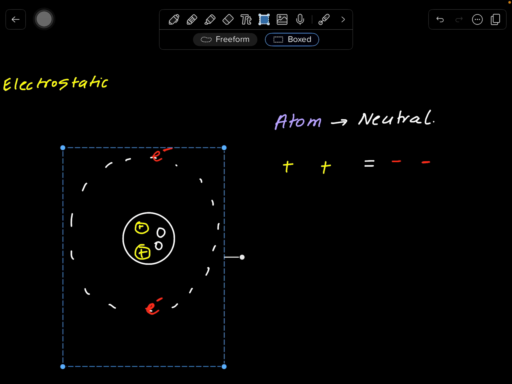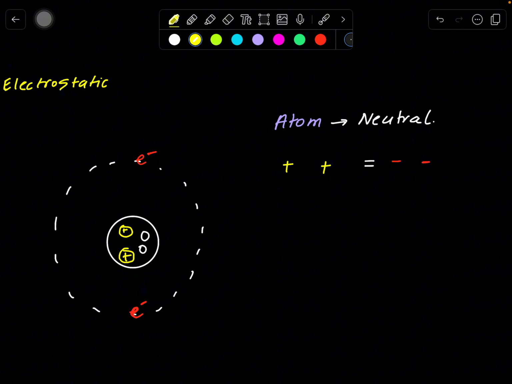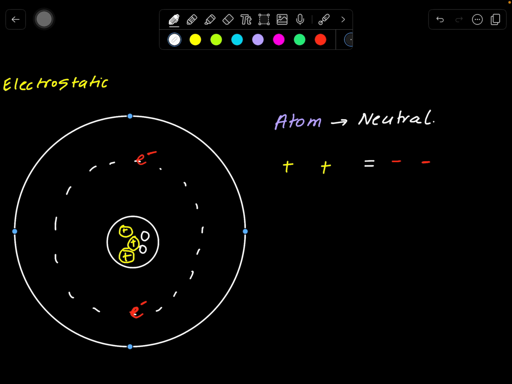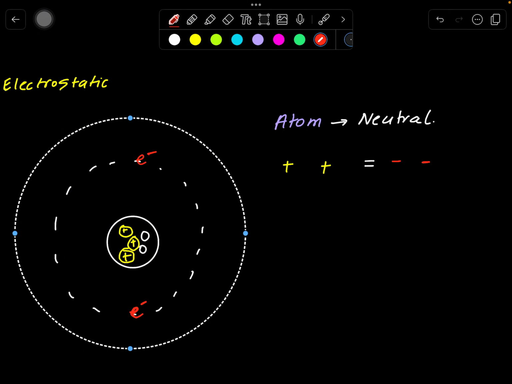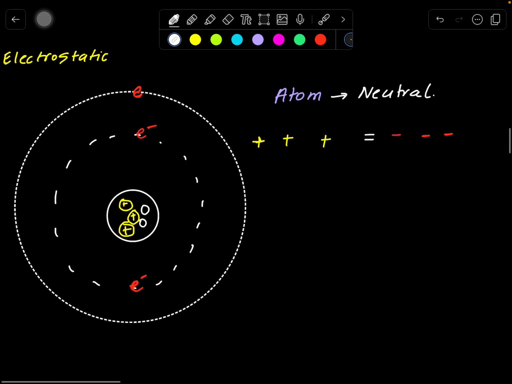Let's take another example instead. Let's say we have 3 protons and we have another shell, and in the second shell you have 1 electron. Now you have 3 negative charges and 3 positive charges. Everything in the universe wants to be stable, and we know that noble gases are stable.